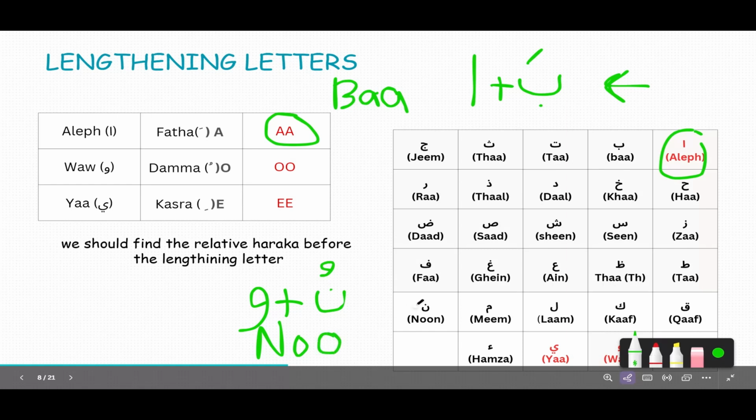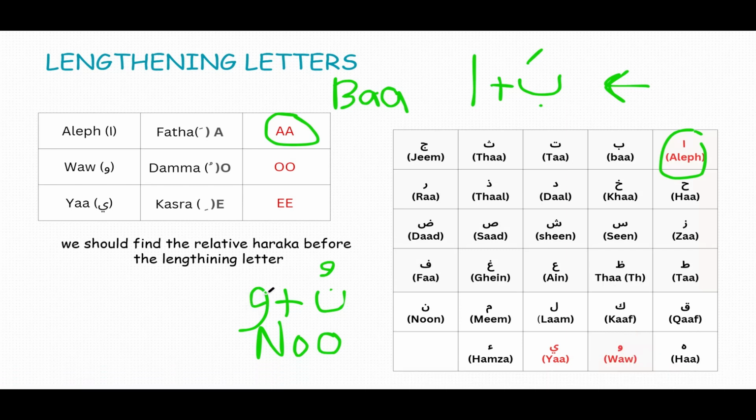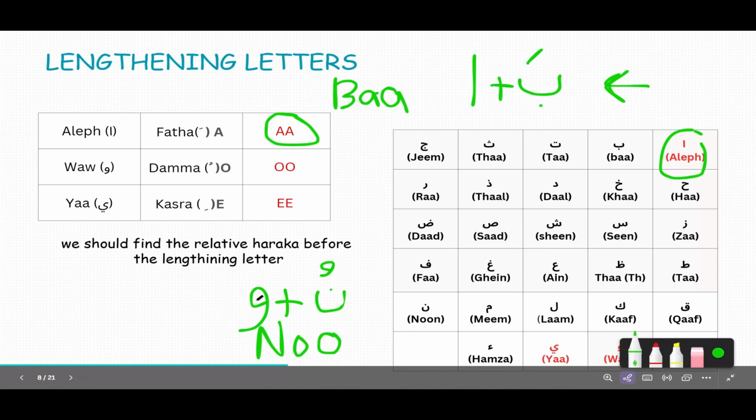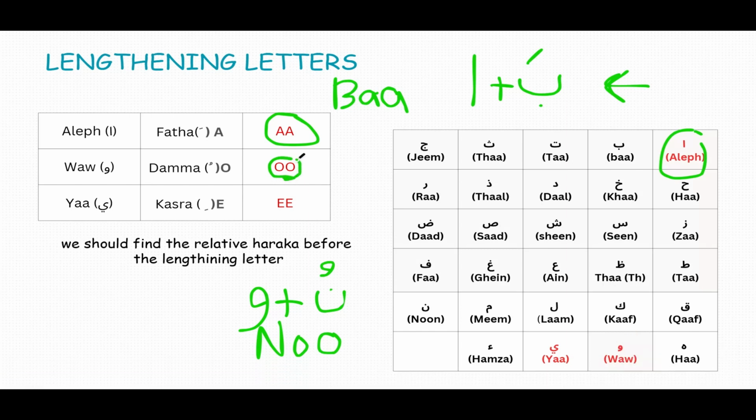So it becomes nu, nu. Again, two conditions. So it works like the lengthening letter, not a normal letter like wa, wu, we, or ew. There is no haraka to apply, and there is dhamma before, so it's a lengthening letter for the oo sound.